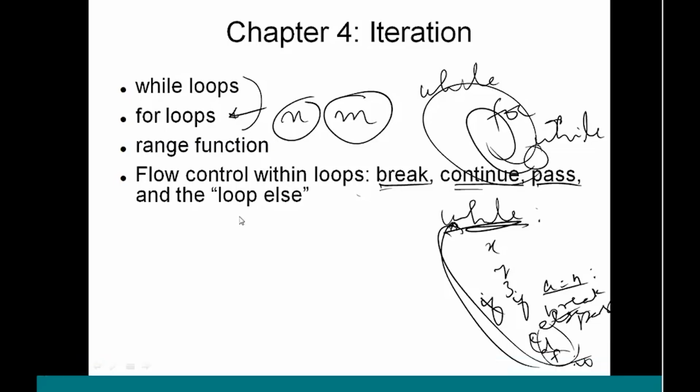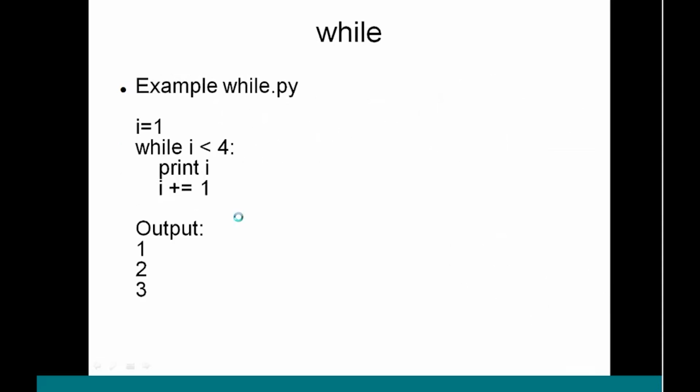So now let's look at some of these conditions. Here is an example of a while loop. We define I is 1, while I less than 4 colon, we say print I and then I plus equals 1. We know that this is the increment operator that we studied earlier. So since I is 1, it prints 1, and then I gets incremented to 2, and it goes back.